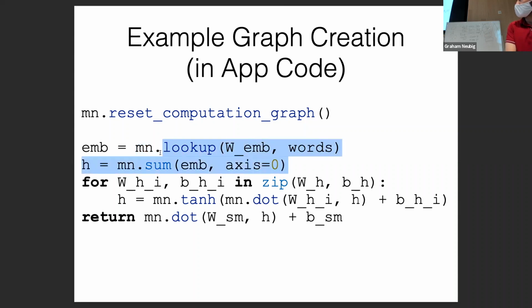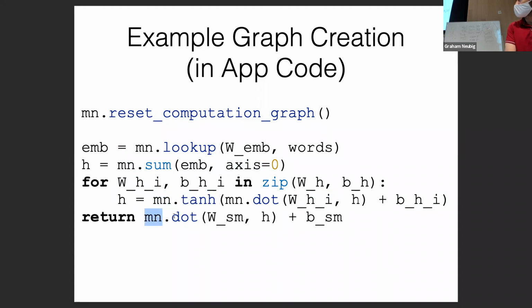We then look up embeddings for each of the words. We sum them together. Then we go through each neural network layer. We calculate the matrix multiplication between the hidden layer and the weight matrix. We add the bias, and we take a tanh nonlinearity here.